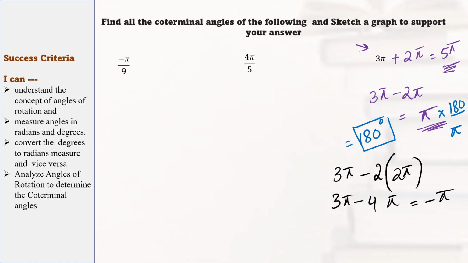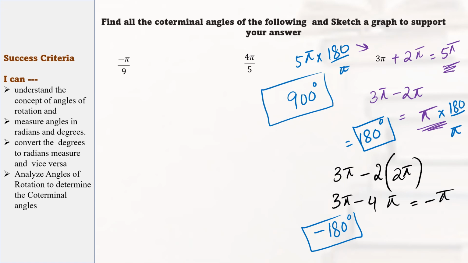And I know that, so let's change it. 5 pi times 180 over pi gives me 900 degrees. 900 degrees means you took already 2 rotations and then covering more distance. Now 3 pi minus 4 pi gives me minus pi. It means minus 180 degrees.